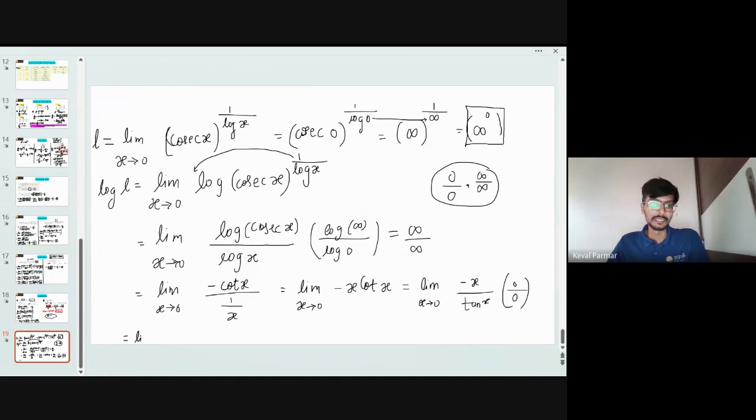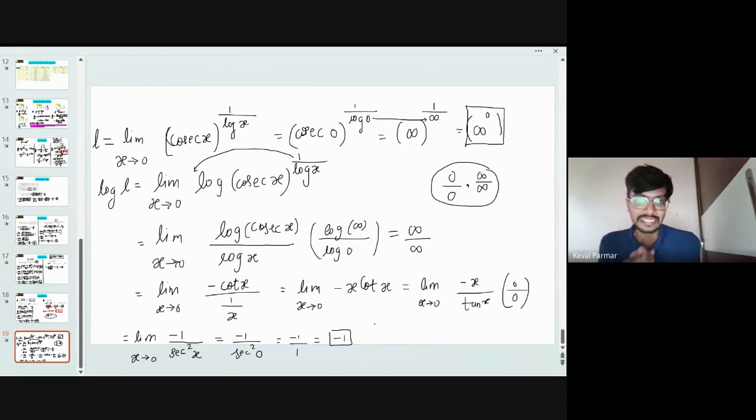So I will get limit x tends to 0 of minus 1 upon sec square x, as the derivative of x is 1 and the derivative of tan x is sec square x. Now the indeterminate form is gone, so we can substitute the value: minus 1 upon sec square 0. The value of sec 0 is 1. So minus 1 upon 1, my answer is minus 1.